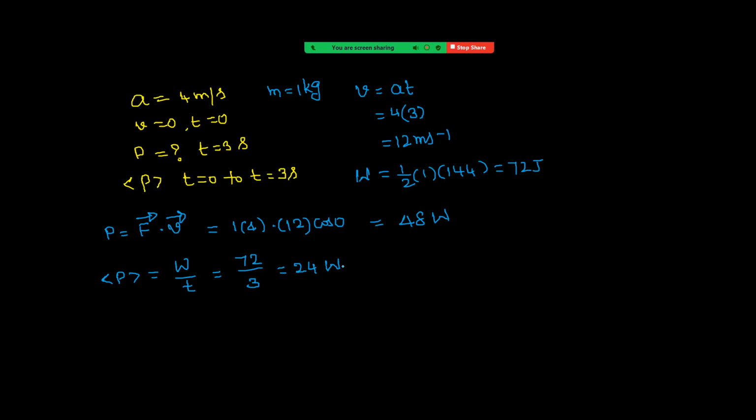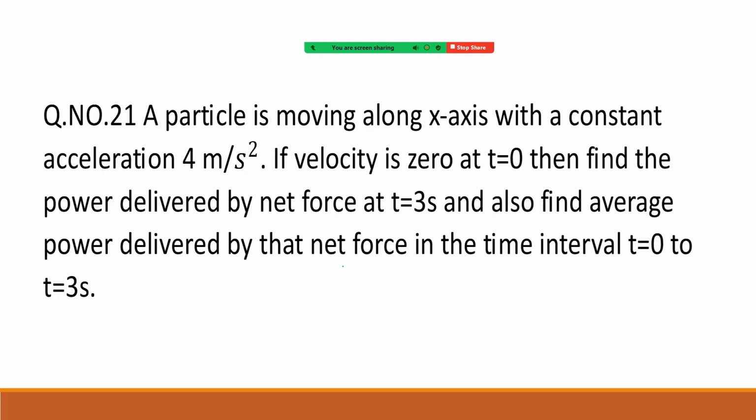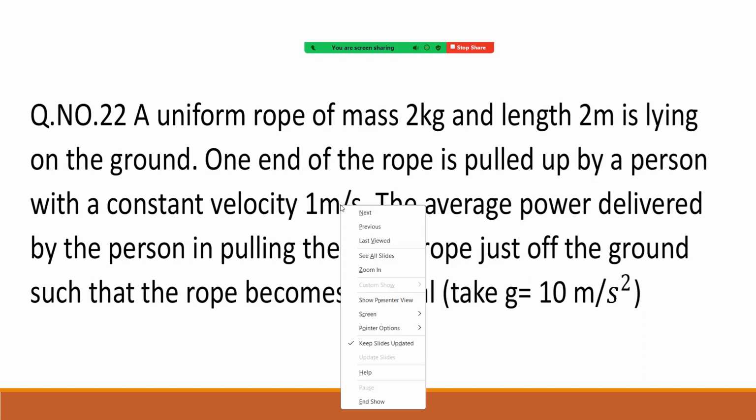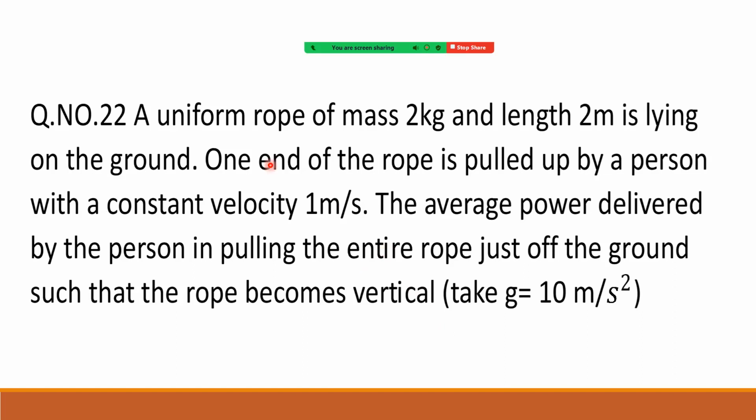Okay. Let us see one more question. See the question given. A uniform rope of mass 2 kg, length 2 meter is lying on the ground. One end of the rope is pulled up by a person with a constant velocity 1 meter per second.